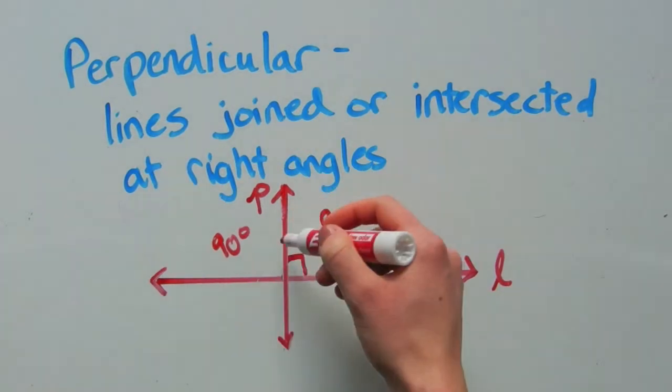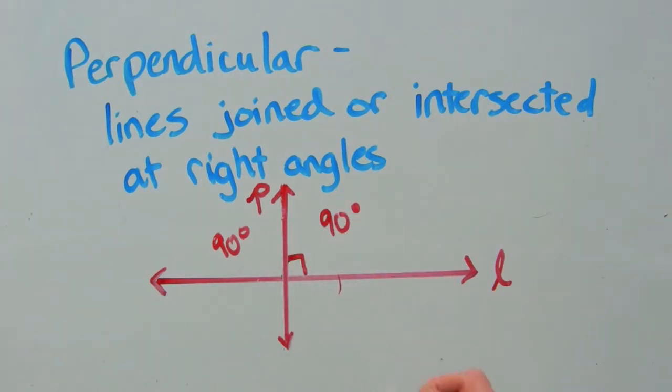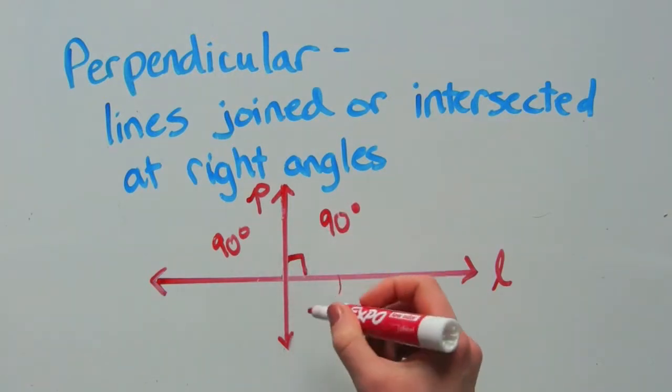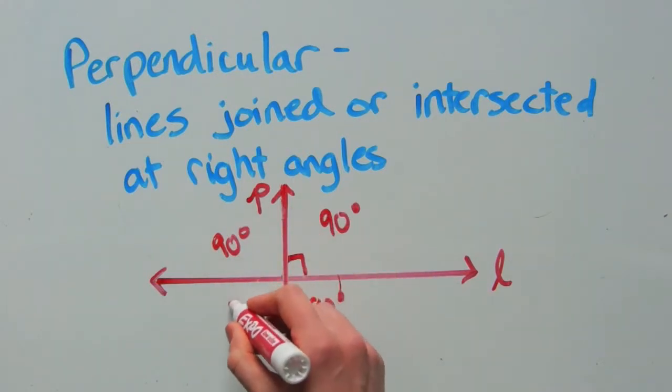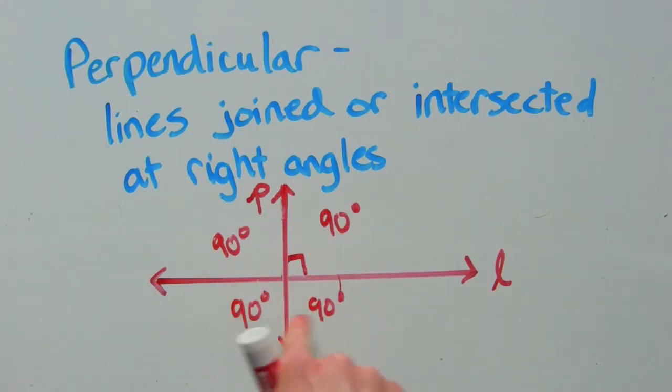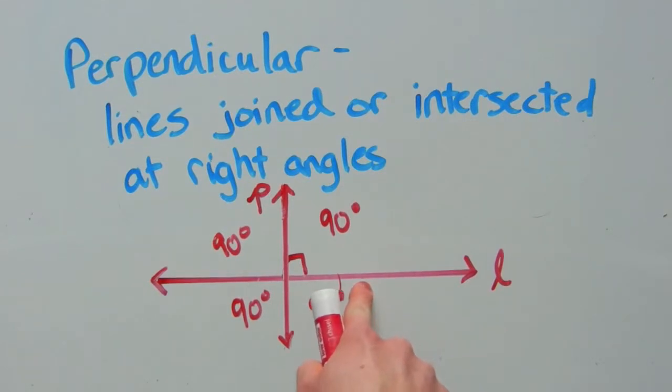So this measurement here is 180. So this is 90, and as well as this. So the angles add up to be 360. 360 degrees is a full circle. 360 degrees will take us from one point on L all the way around and back to that same point.